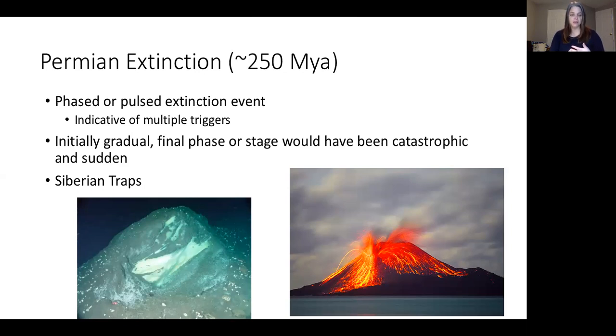Part of the challenge in figuring out what happened is that it was 250 million years ago. Our fossil records show us that abrupt change. We don't necessarily know what was happening day to day, or even century to century, in this time frame. So we don't know how long that extinction event took, but we're talking on the order of thousands of years.